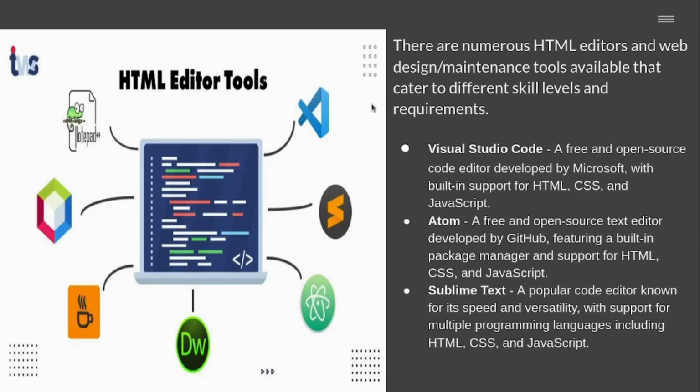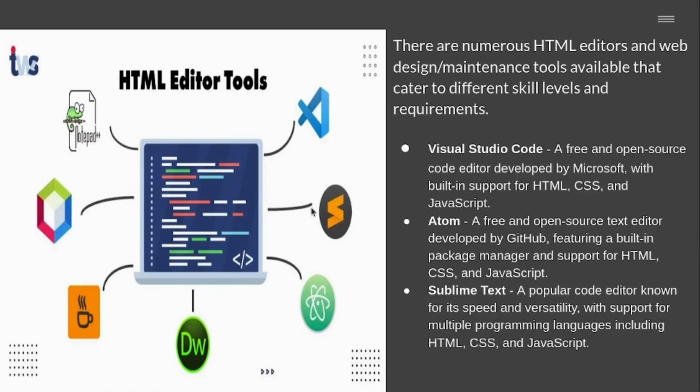For example, we have Visual Studio Code, which is also known as VS Code, which is a free and open source code editor developed by Microsoft, and it offers support for HTML, CSS, and JavaScript. We also have Atom, which is also a free and open source text editor developed by GitHub, that also offers support for HTML, CSS, and JavaScript.